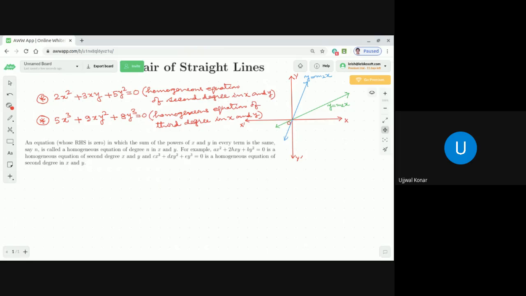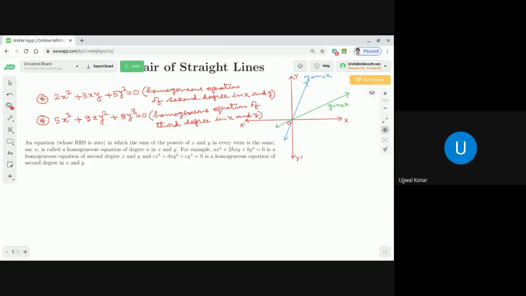Dear students, for the sake of simplicity, we are taking the two variables x and y, and that is also in sync with our context, because we are discussing straight lines in 2 dimensions. So x and y, two variables, are sufficient.